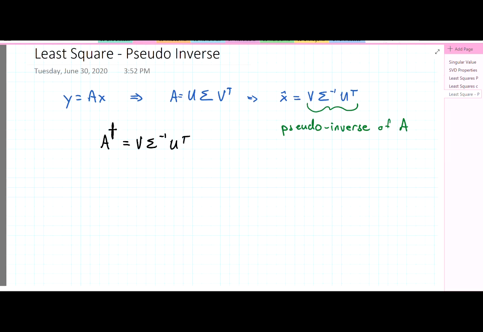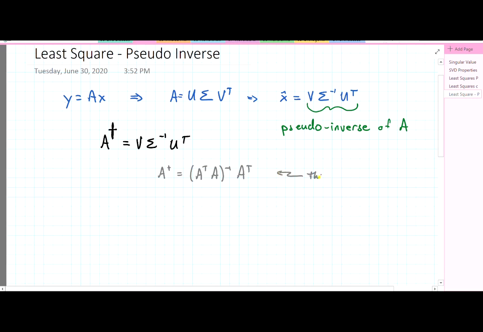Okay, so you've probably run across, way back in the distant past, something that looked like this: A transpose.